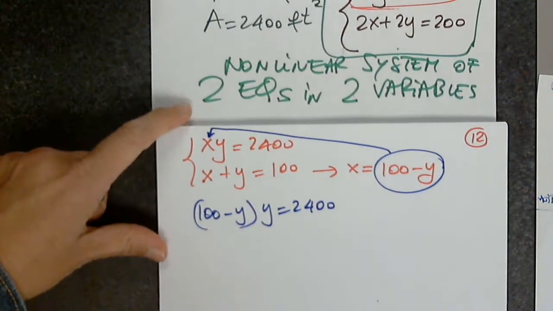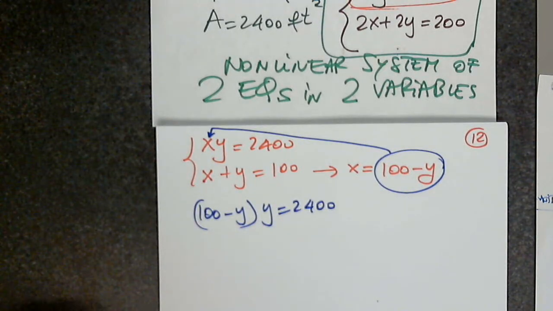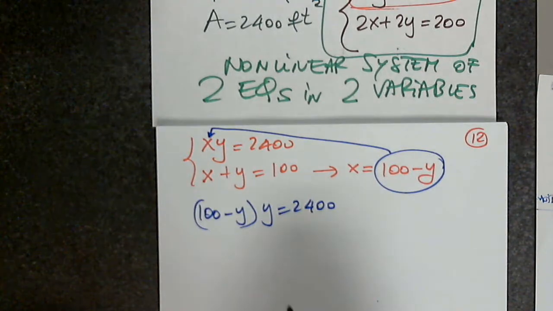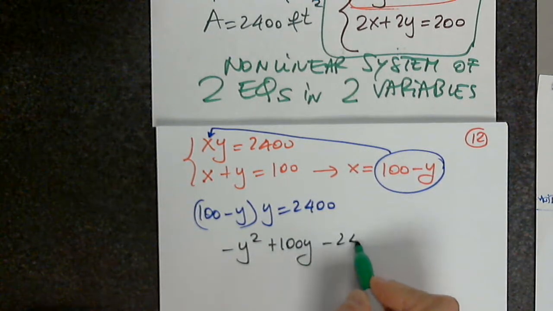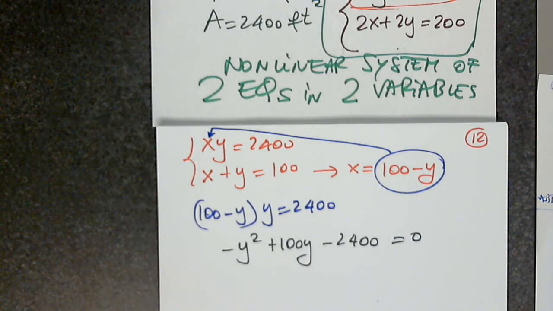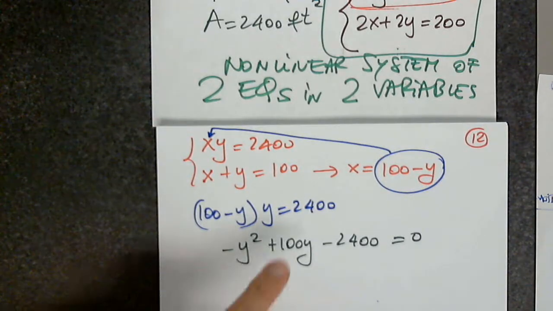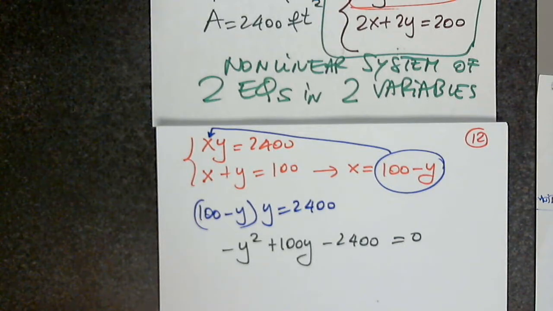Yes. I solved this for x and I substituted. How do I solve this equation? Now what type is it? This is quadratic. Very good. Negative y squared plus 100y minus 2400 equals 0. I had to distribute. Negative y times y is negative y squared. Y times 100 and then minus 2400. What type of equation is it?